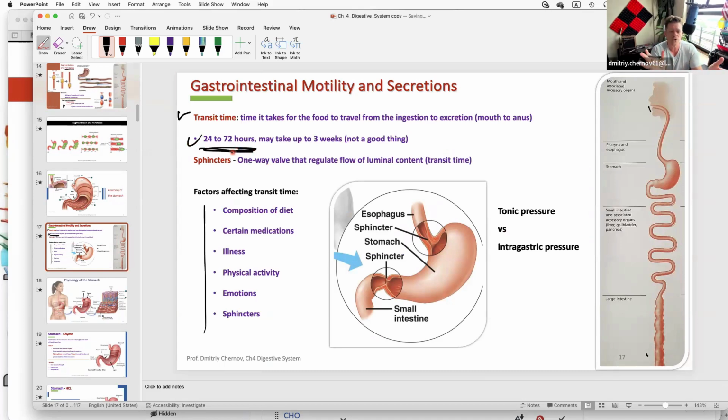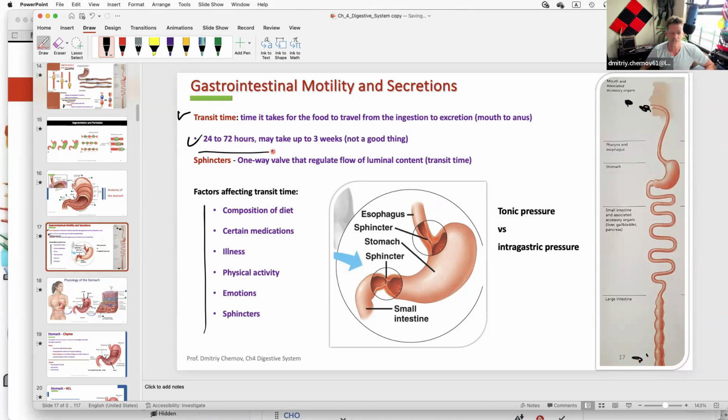Usually, it takes 24 to 72 hours for complete digestion, absorption, or for complete transit time, let's say from here to here. So 72 hours clinically is normal.